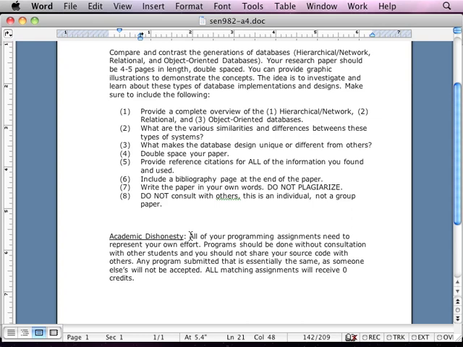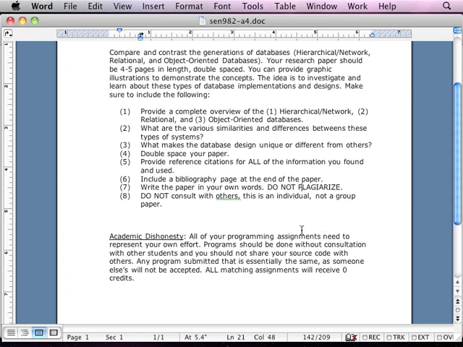Do not cut and paste. Don't go to Wikipedia, highlight the entire paragraph, cut, click into your Word document and paste. That's not called writing. That's called cut and pasting from internet sources. Don't do that. Instead, open up a Word document and practice your typing skills.